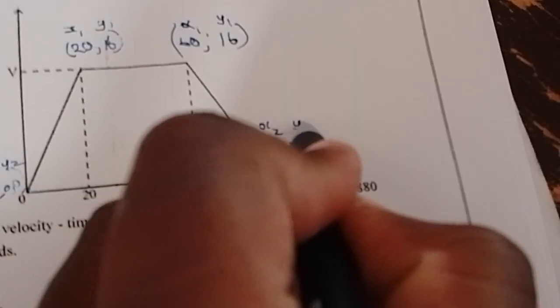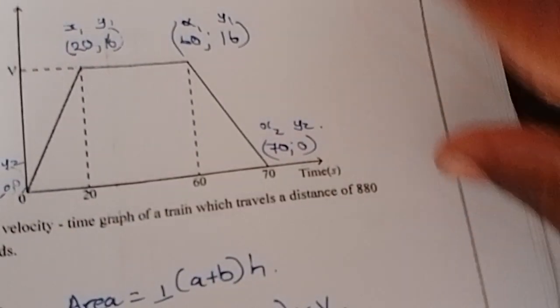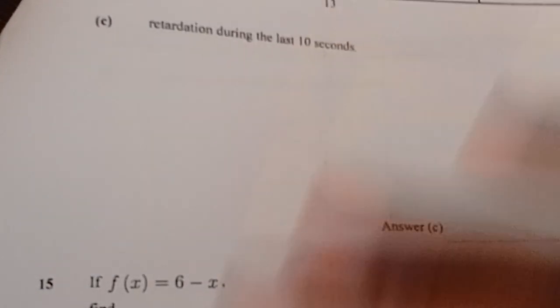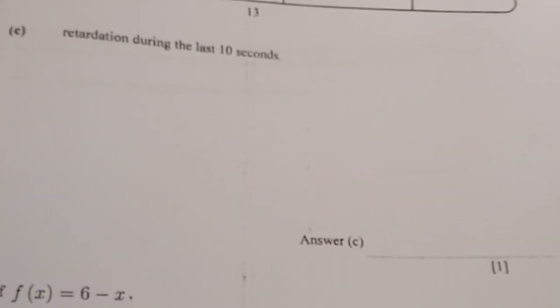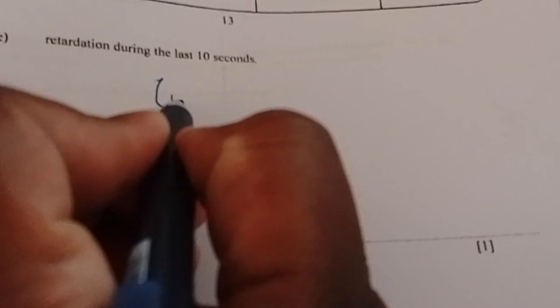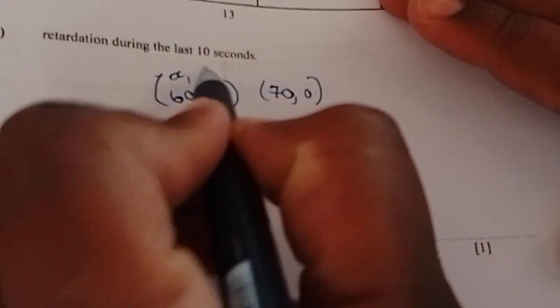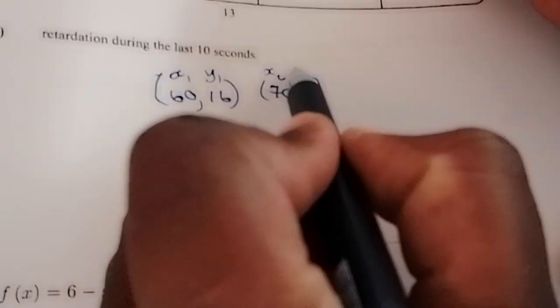So we have 60, 16 and 70, 0, and we said this is our x1, y1, x2, y2.